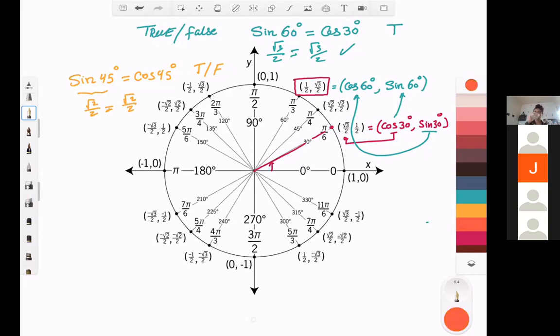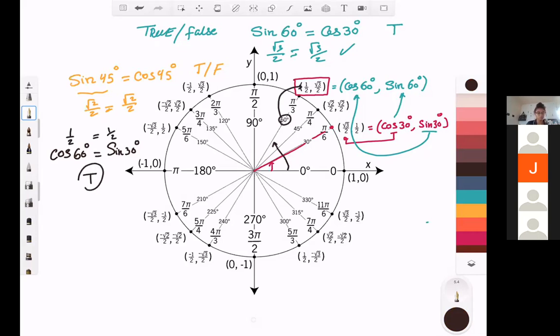Another question, what about cosine of 60 degrees equal to sine of 30 degrees? True. Again, true. Cosine of 60, the value of x, is 1/2. Sine of 30 is 1/2, so they're equal.